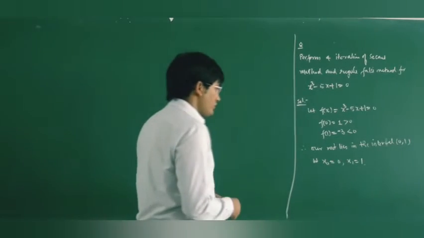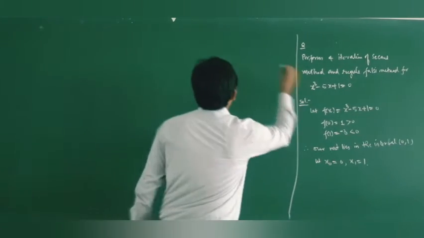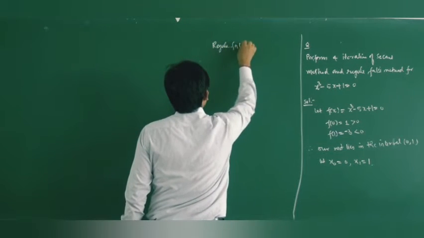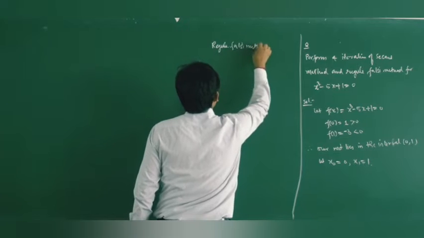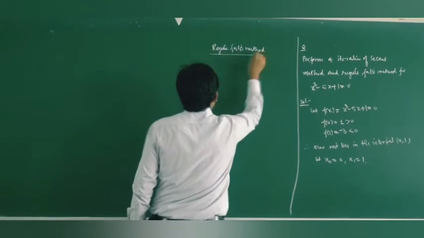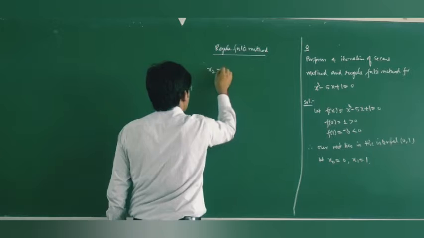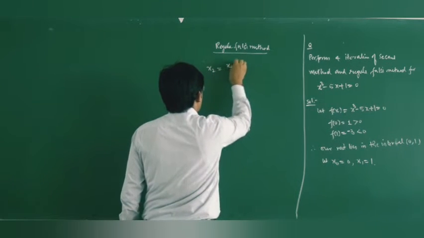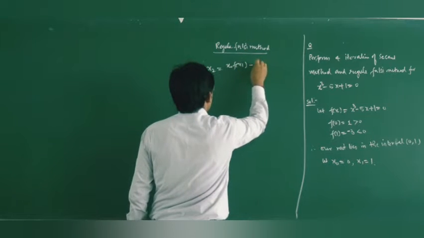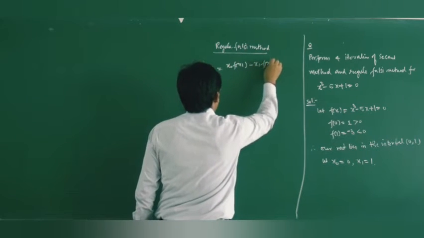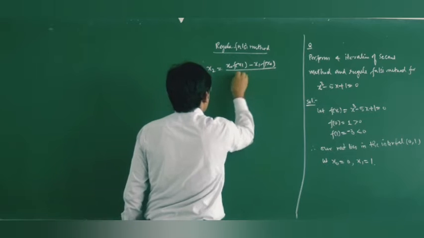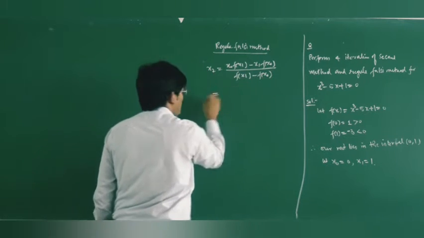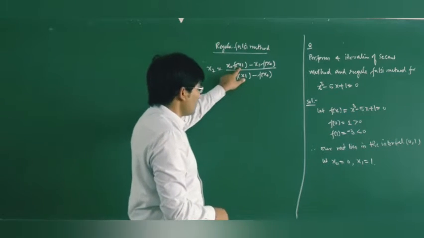Now let us find the root with the help of the Regula Falsi method. Our first iteration is given by x2 equal to x0 f of x1 minus x1 f of x0 divided by f of x1 minus f of x0. Your x0 is 0, so this term is 0.